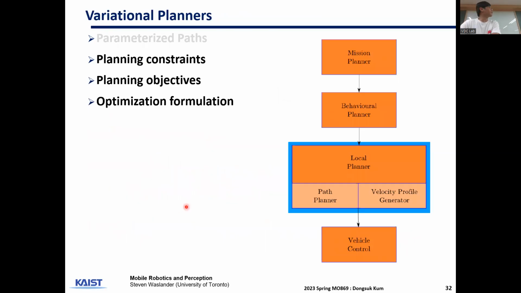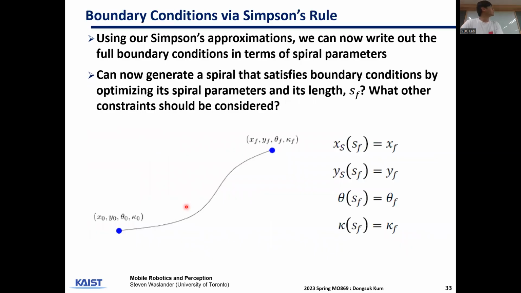Next are common planning constraints. So we use the Simpson's approximations, and now we can write out the full boundary conditions in terms of the spiral parameters. Now we can generate a spiral that satisfies boundary conditions by optimizing the spiral parameters and its length SF, which is the full arc length.